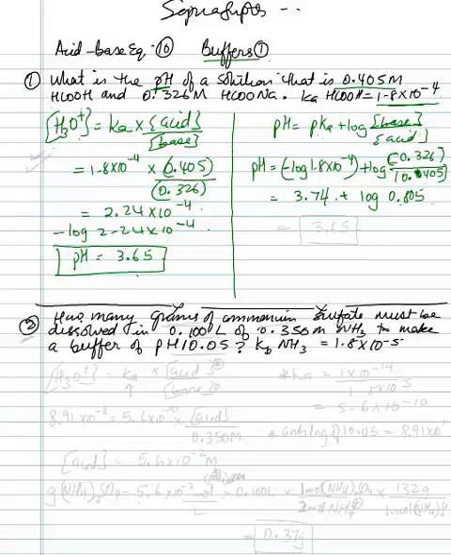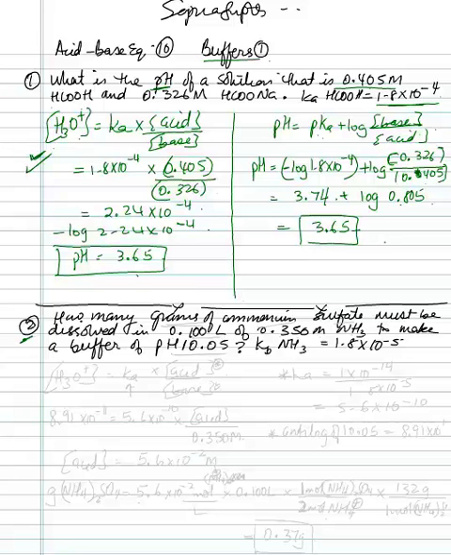So find the log of this, and it should be a negative number, and so then your pH is 3.65. So you end up getting the same numbers. It's just a matter of which way you prefer. If you don't want to use the Henderson-Hasselbalch, you can use this. It's absolutely fine. I will give you both on the test, so you can decide whichever one you want to use. Okay, I have no preference whatsoever.